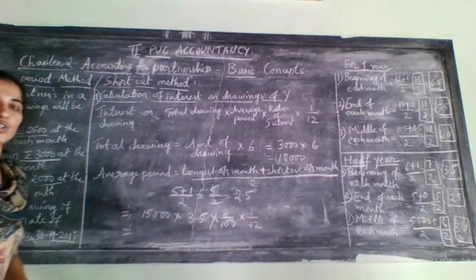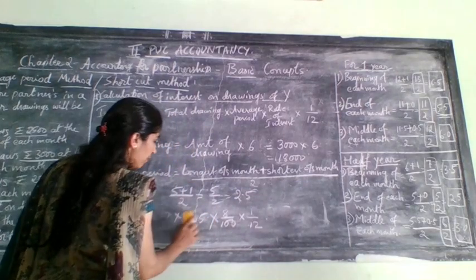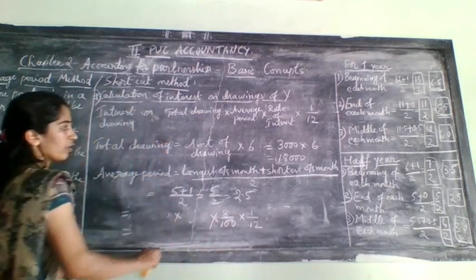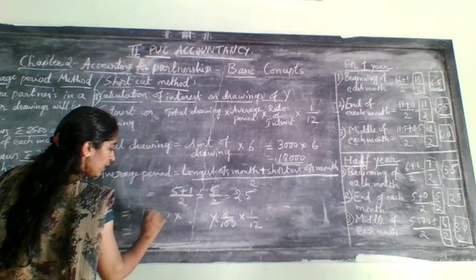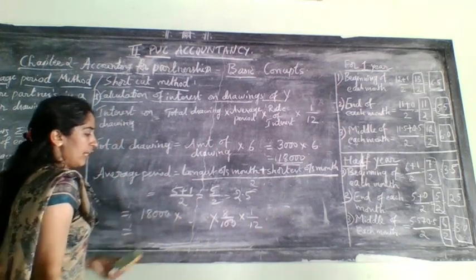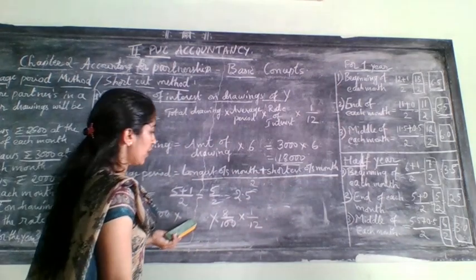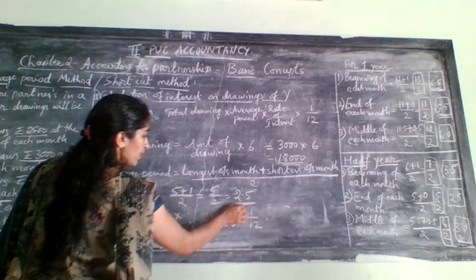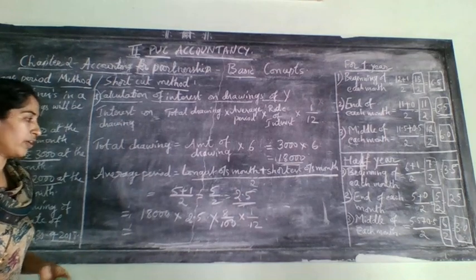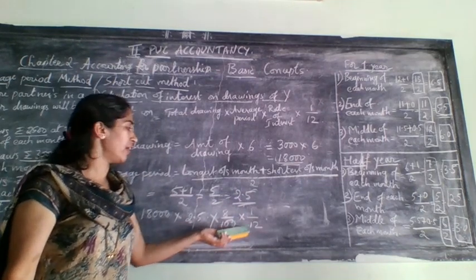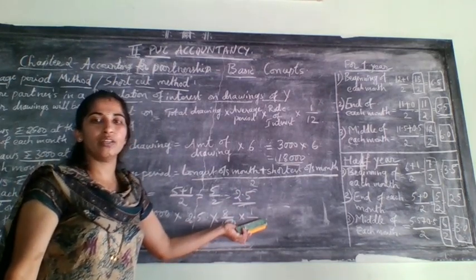Next step, what do you need to do? Apply the values. Total drawing, this time, is 18,000. And the average period is 2.5, into 8 by 100 into 1 by 12.